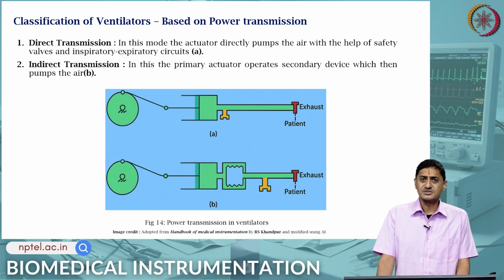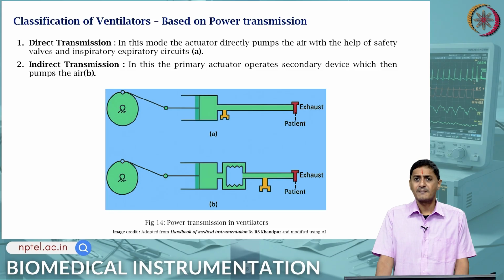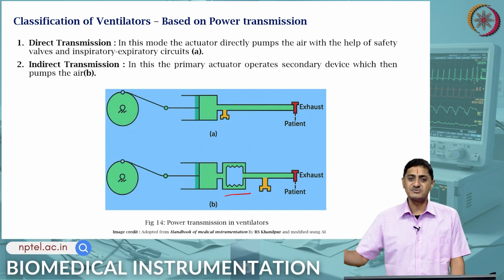One is direct transmission. In this case, the actuator directly pumps the air into the patient with the help of some safety valve and some inspiratory expiratory circuits. Second is indirect transmission. In this case, the actuator operates a secondary device, which then pumps the air.